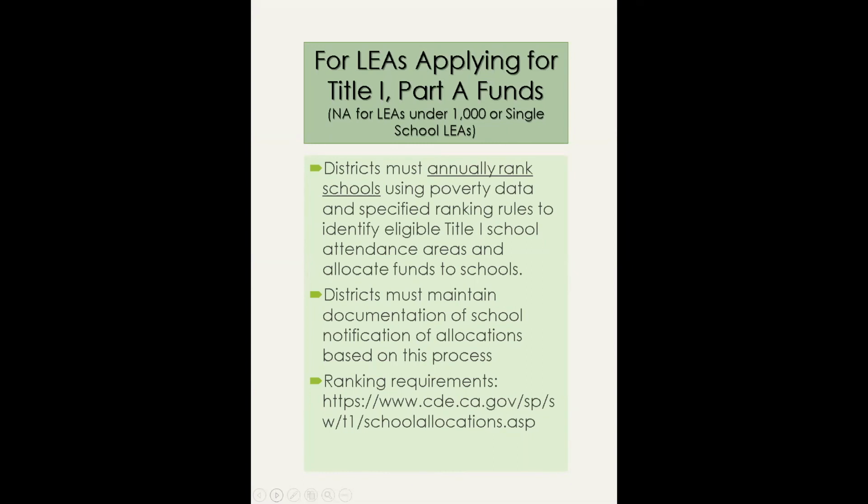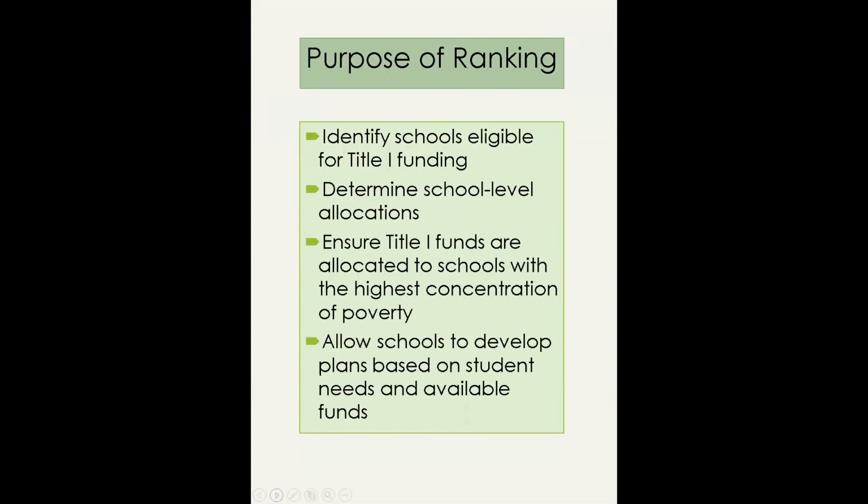So first of all, what's the purpose of ranking? On the next slide, we'll take a look at that. The purpose is to identify schools for Title I funding. We had a district come in once in the middle of the year, and this new fellow who worked in the program said, yeah, I got this Title I fund, and I just gave whoever wanted some, I just kind of spread it out there. Whoa, stop, okay?